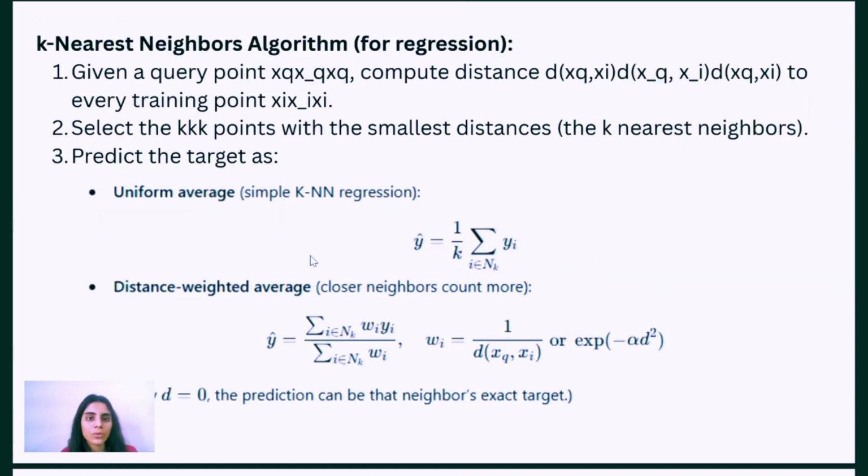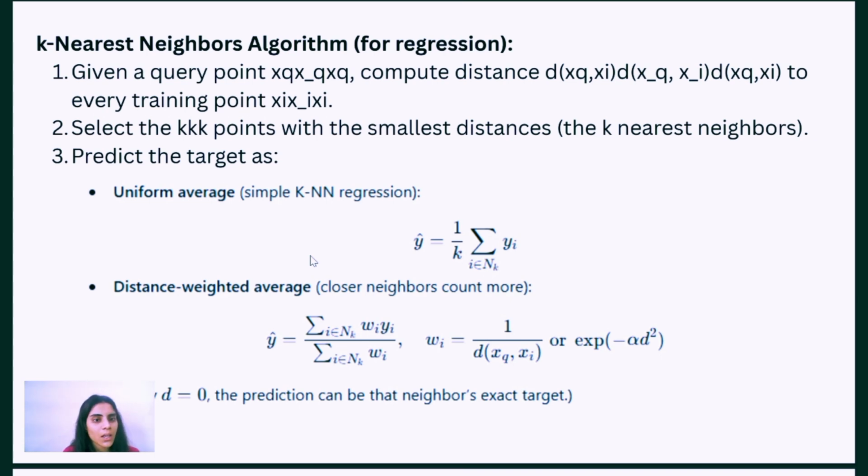K nearest neighbor algorithm for regression. Given a query point x_q, compute the distance d(x_q, x_i) to every training point x_i.